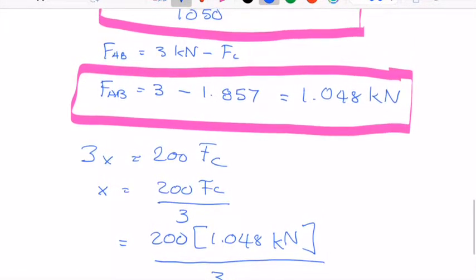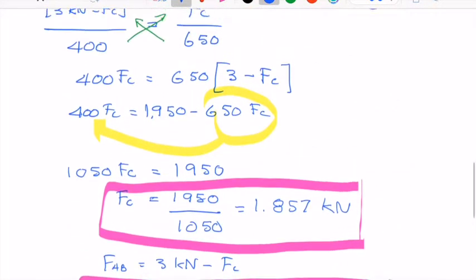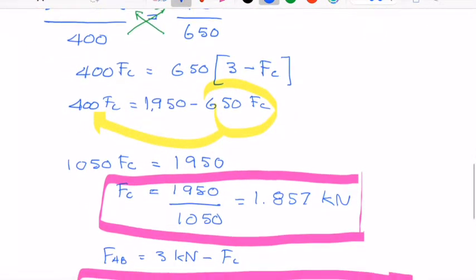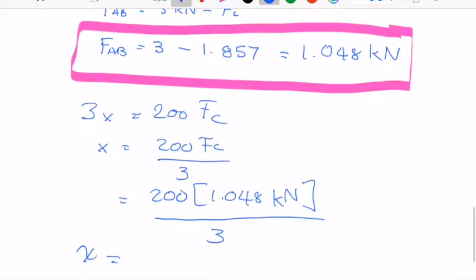Did I miss something here? So I have, let's see, it's 200 here.